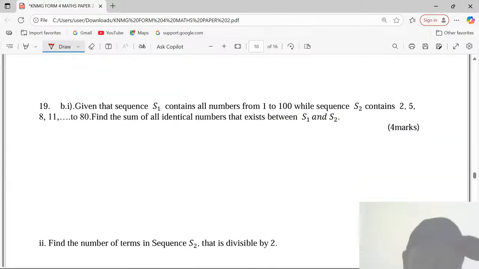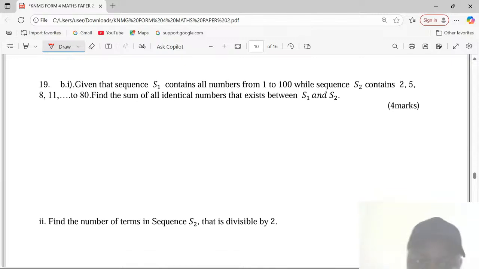A very interesting question in number 19. Given that sequence S1 contains all numbers from 1 to 100, while sequence S2 contains 2, 5, 8, 11, all the way to 80.